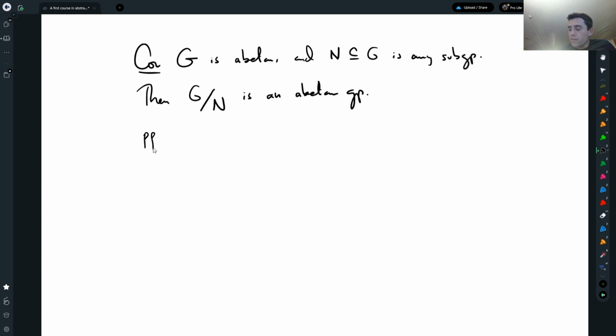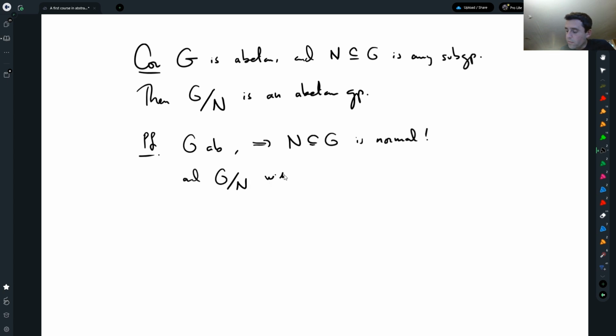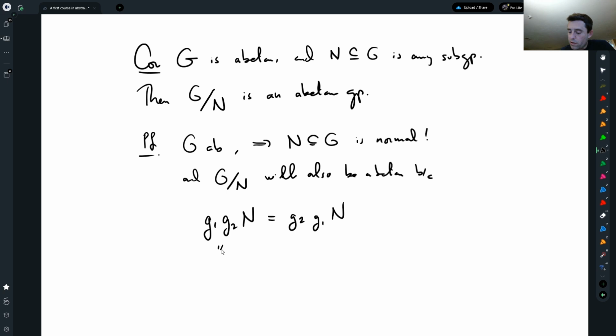The proof of this is that if G is abelian, that implies that N is normal automatically, and G mod N will also be abelian, because the multiplication g1 g2 N is the same as g2 g1 N, and this is the multiplication of two cosets, and this is the multiplication of the two cosets in the opposite order.